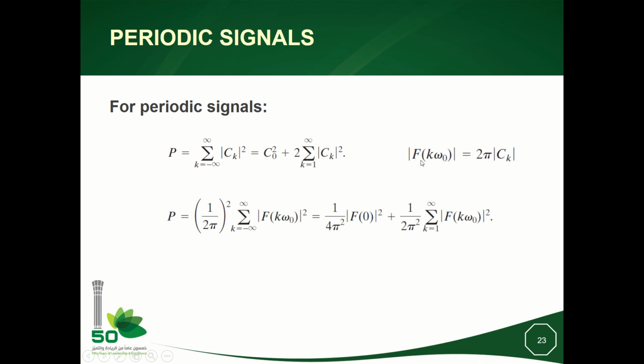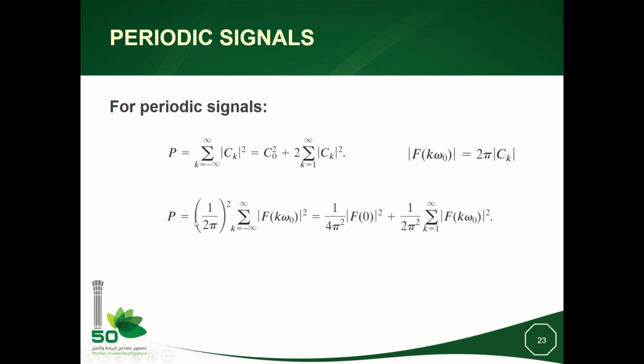So the Fourier transform of the generating function of the periodic signal evaluated at kω0 will be 2π, okay, absolute value of ck, or the modulus of ck, or magnitude of ck.